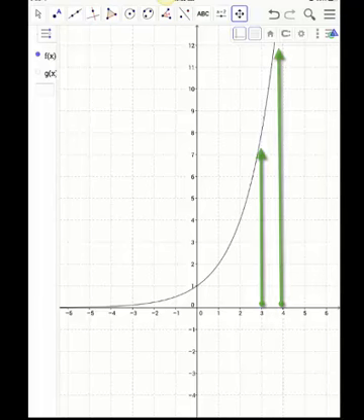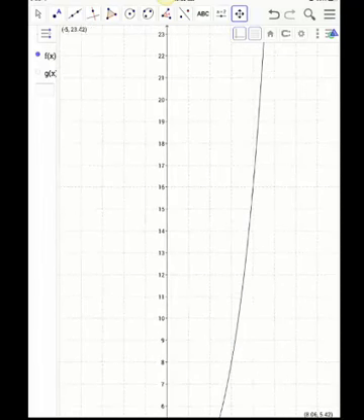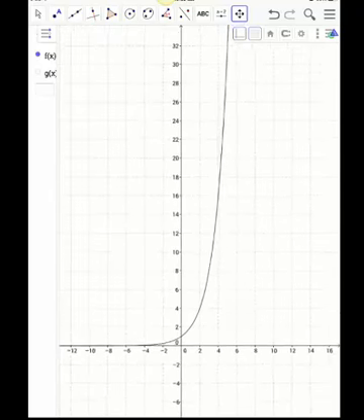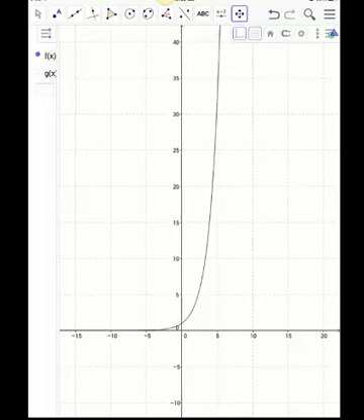If we move this graph, you can see what's happening is it's getting steeper and steeper as x gets bigger. By the time we've hit x equals 5, this graph is extremely steep. This is what's called exponential growth.